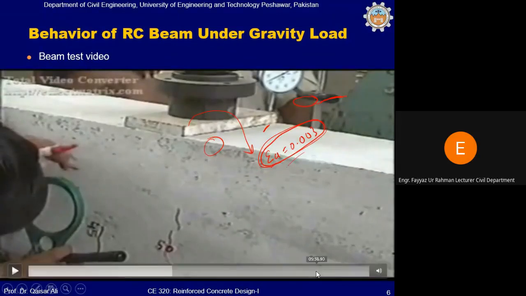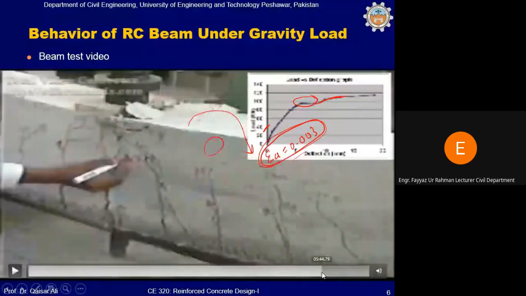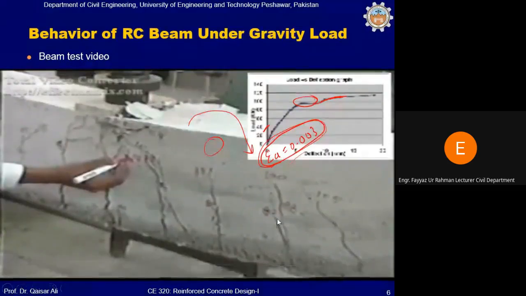And then there is a final stage in which you can see that the concrete in the top fibers or in the compression zone is crushed. This is the ultimate stage or the failure stage, for which we will basically design the beam. So we will basically derive the flexure capacity of the beam at these different loading stages.